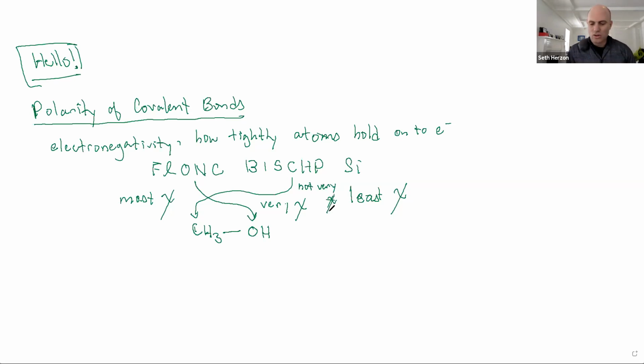Okay, and so if I were to sketch out qualitatively the nature of the sigma bond between carbon and oxygen, if I were to draw the orbitals, it would look something like this. I'm going to exaggerate it to make the point.